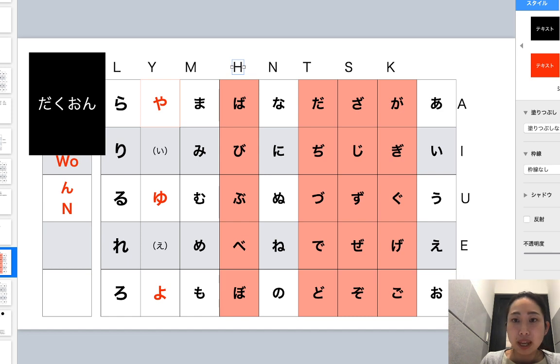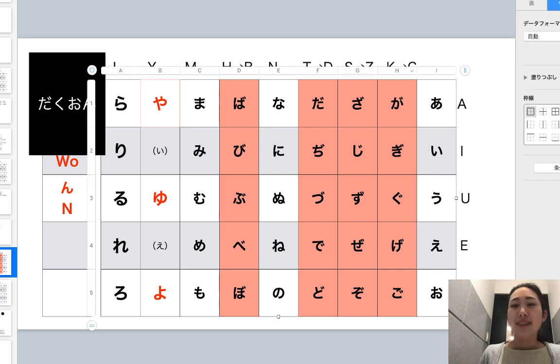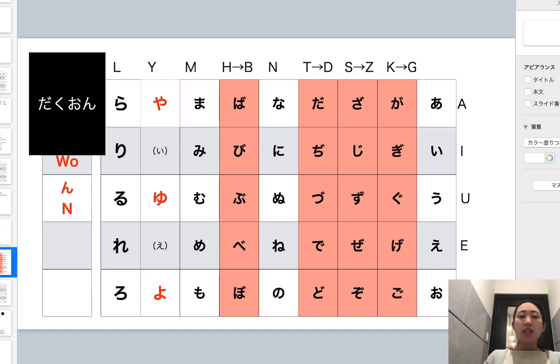K sounds become G, S sounds become Z, T sounds become D, and H goes to B. So when you see these two dots on the right side of the letter, you need to think about the dual sound and change the first consonant like this: K to G, S to Z, T to D, and H to B. Okay?